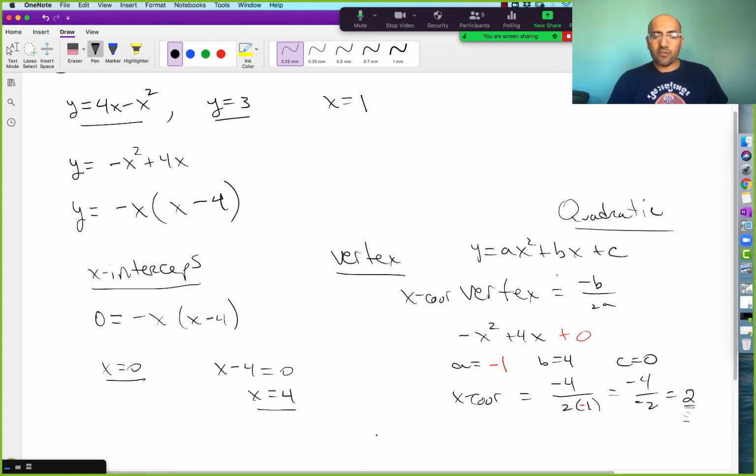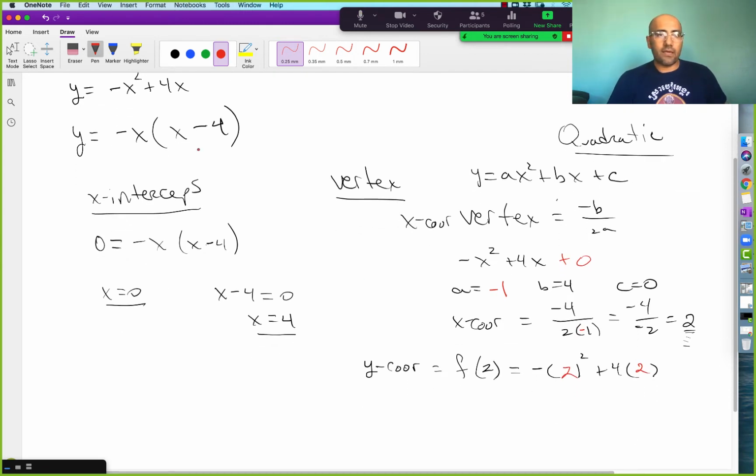Now that I have my x-coordinate, to find my y-coordinate, I evaluate the function at 2, right? So I just plug in 2 into my equation, and it's negative something squared plus 4 times something, and I'm going to plug in that 2 and 2.